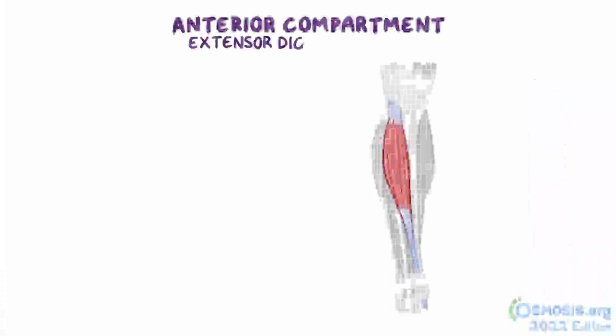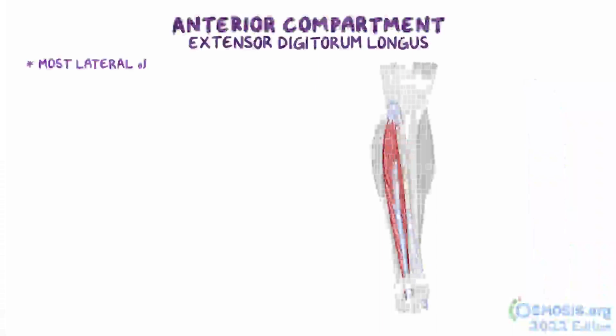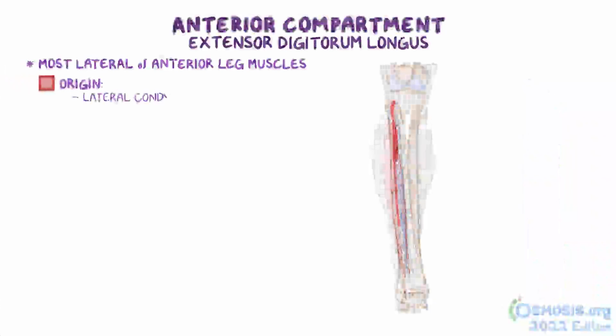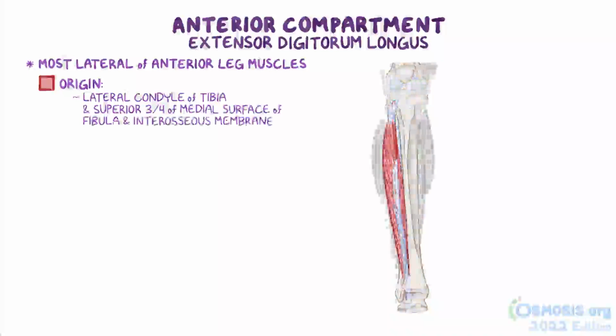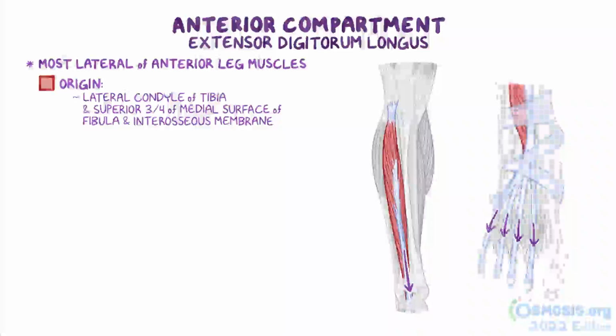Second, the extensor digitorum longus is the most lateral of the anterior leg muscles. Its origin is at the lateral condyle of the tibia and the superior 3/4 of the medial surface of the fibula and interosseous membrane. The extensor digitorum longus forms 4 tendons superior to the ankle, which enter the dorsum of the foot along with the tendon of the closely associated fibularis tertius muscle.